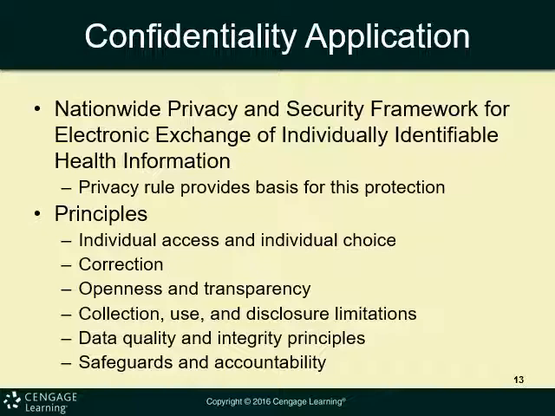The framework is based in large measure on the HIPAA privacy rules, and there are 8 principles that comprise this framework. The principles include individual access, correction, openness and transparency, individual choice, collection, use, and disclosure limitation, data quality and integrity, safeguards, and accountability.